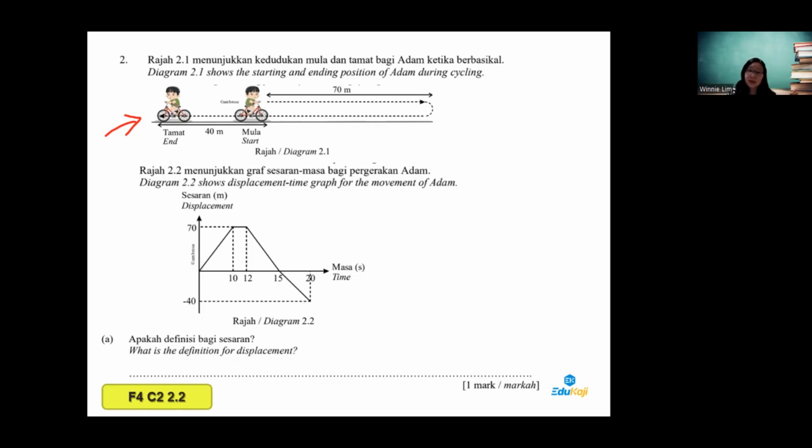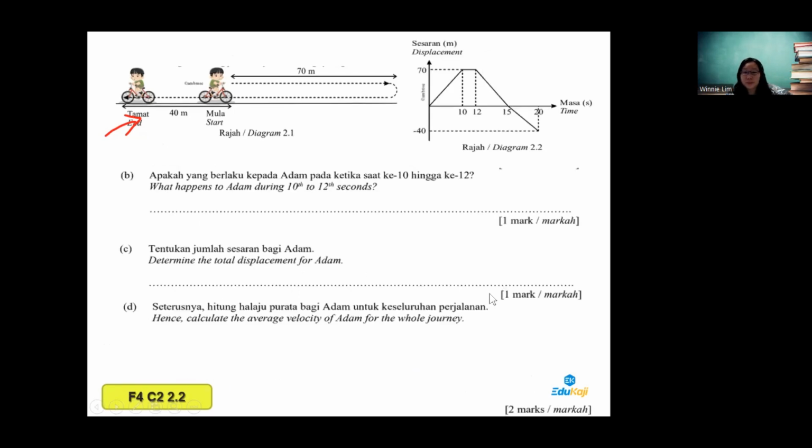It's just that distance does not have direction. They are scalar quantities, but displacement has direction. That means the idea of direction is important here. It's actually the shortest path from the initial point to the ending point in a specific direction. So this is how you give the definition: the shortest distance or shortest path between two points in a specific direction.